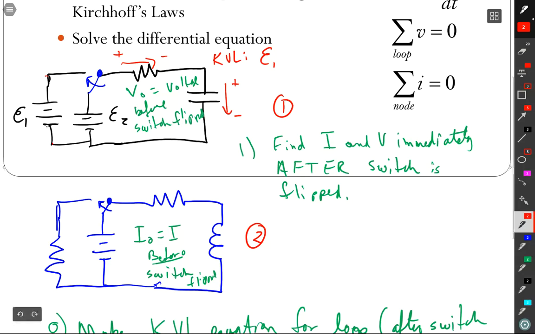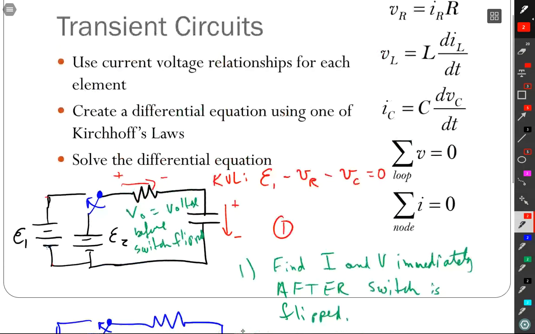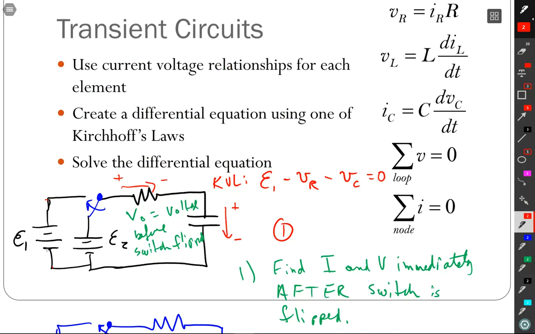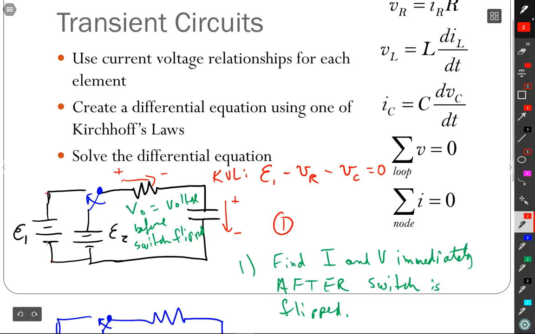And so I have E1 minus VR, the voltage drop across the resistor, minus the voltage drop across the capacitor equals 0. I didn't use Ohm's law or those equations. I just put it in as VR and VC. That's not going to help me much. But note that VR is equal to IR, the current times the resistance. There's only one current here because there's only one loop.